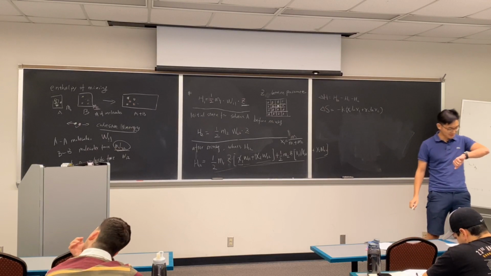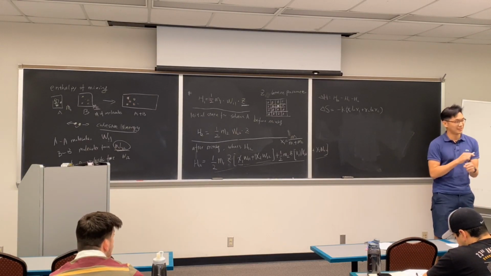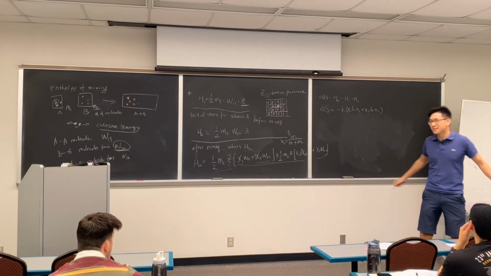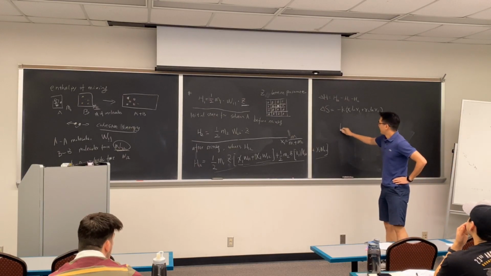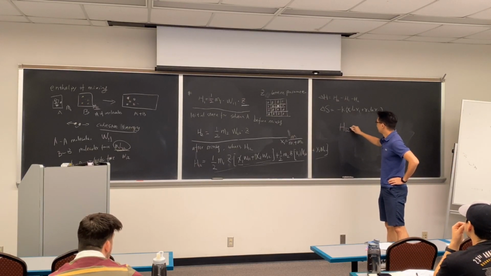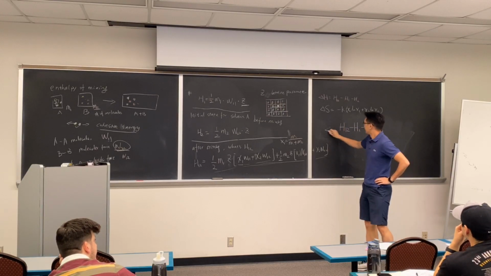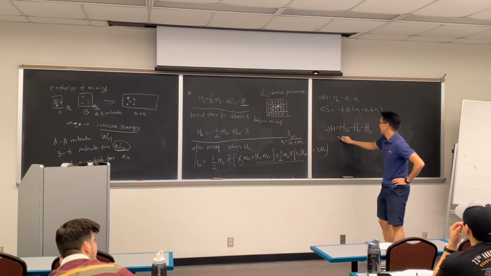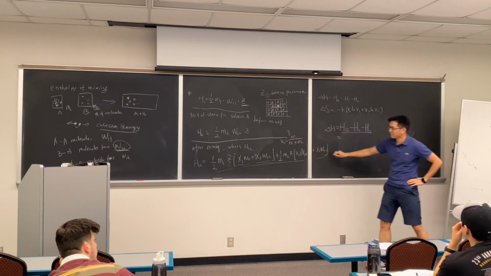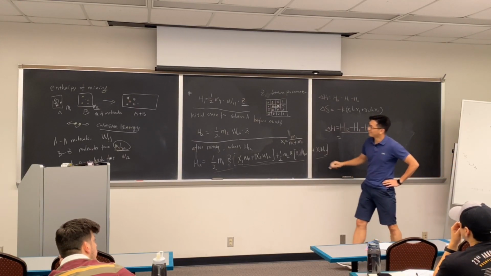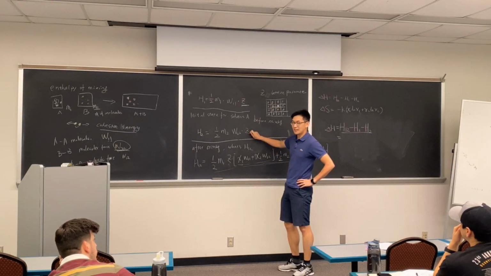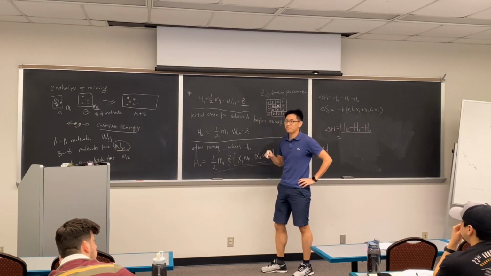It's late afternoon, and some students are yawning, so I cannot do math on the board. I will make it easy, just write down the answer. Delta H, what will this be? We have this parameter, we have H2, and we have H1.